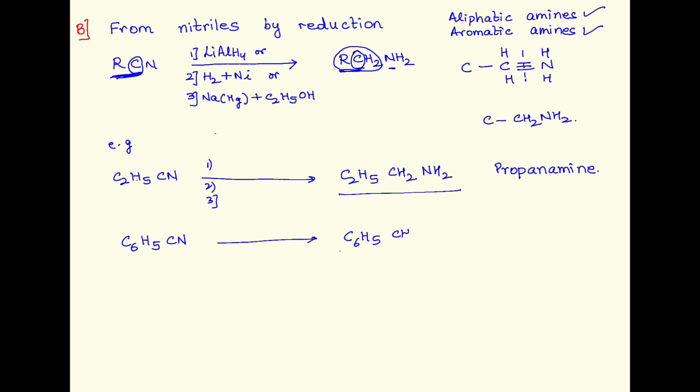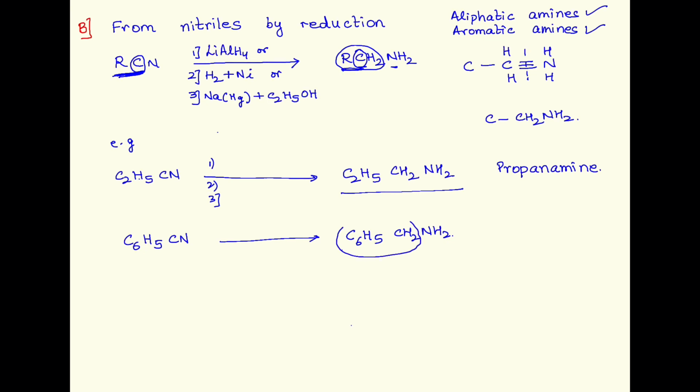Okay, what about this compound? C6H5, CH2, NH2. How do you name this compound? You see over here, this becomes our benzyl group, C6H5 and CH2. So this is benzylamine. And this is the common name. How will you name it according to the IUPAC system? Yes, there's one carbon, and on that one carbon we have got a phenyl group and we've got an amino group.